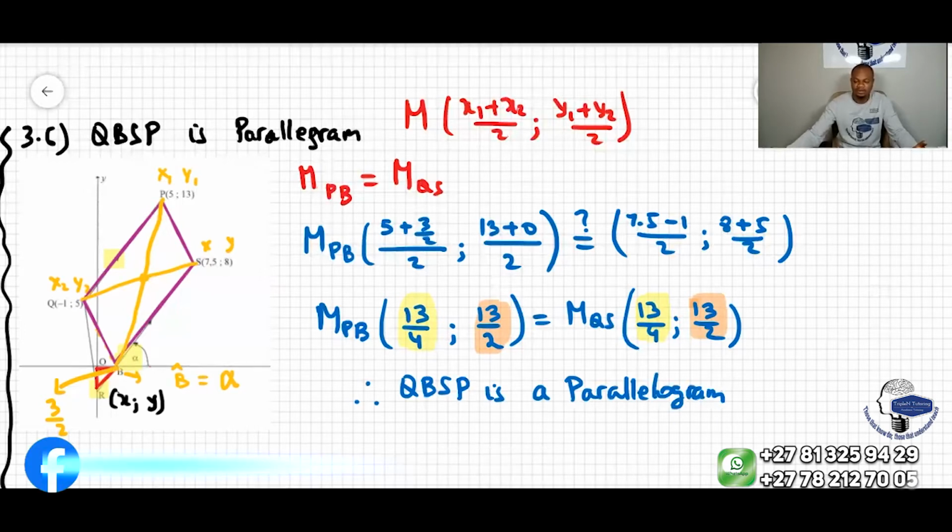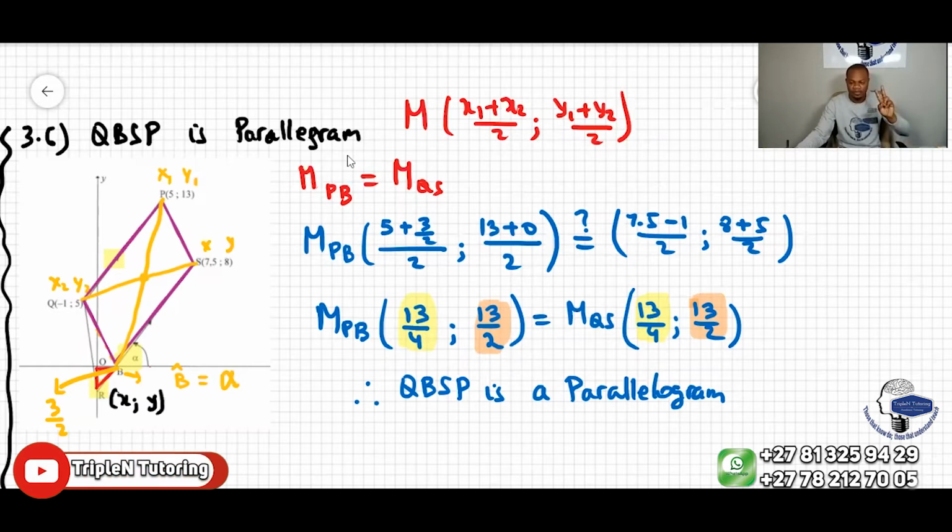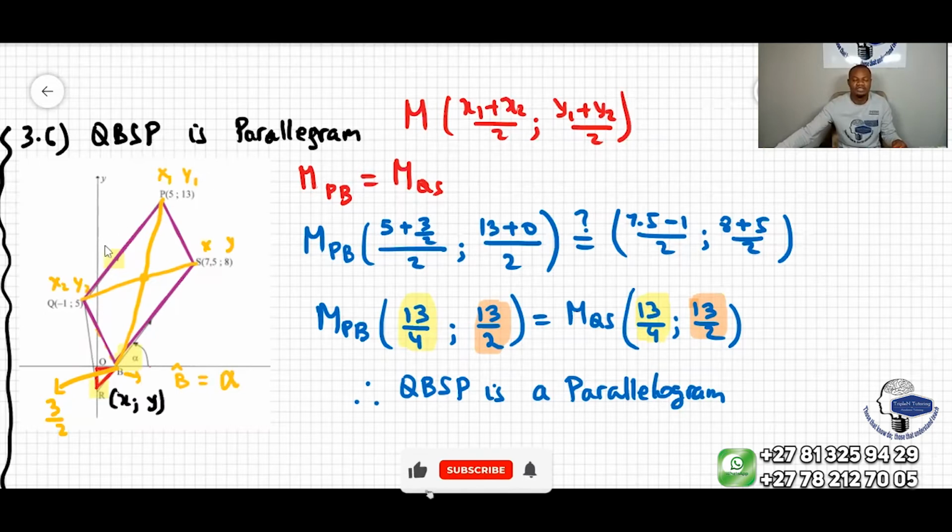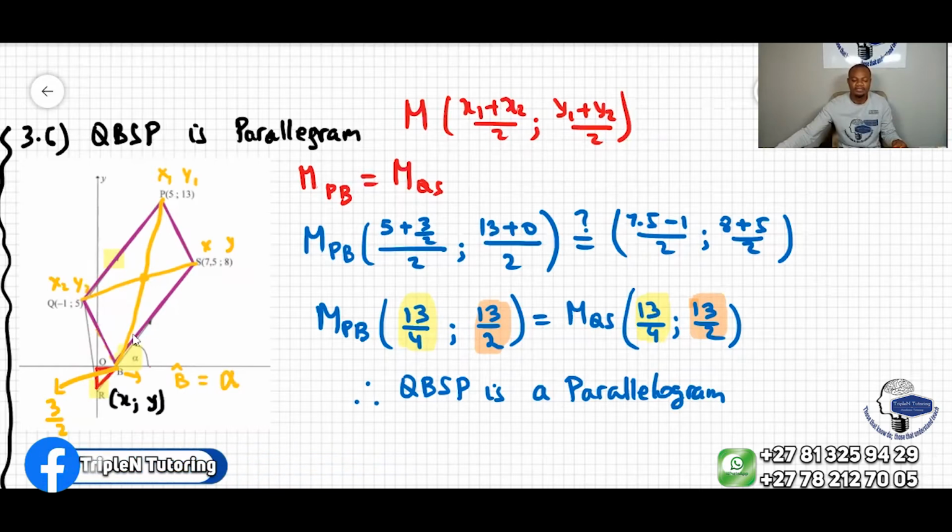The other way is the gradient. Parallelogram means we have two pairs of parallel lines. This line will be parallel to that one, and this line is parallel to that other line, meaning the gradients of this line and that line must be equal.